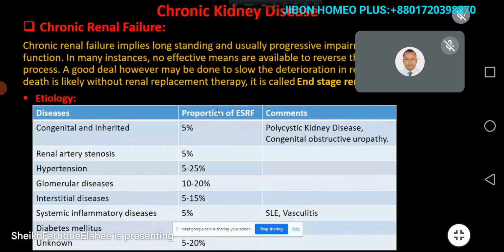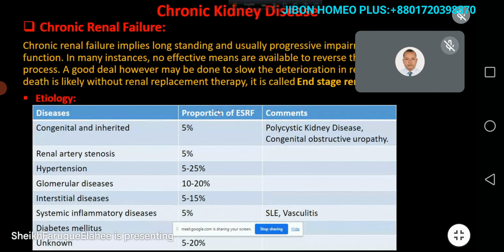Chronic renal failure implies long-standing and usually progressive impairment of renal function. This renal function will be impaired, becoming less and less gradually over time. In many instances, no effective means are available to reverse the primary disease. This is for allopathy: in most cases, the allopathic nephrologist does not have enough drugs to cure it or reverse it to normal.